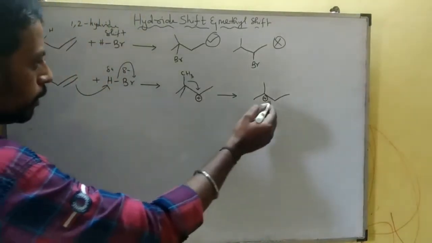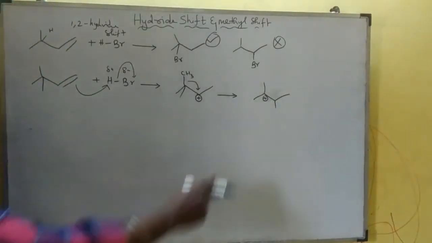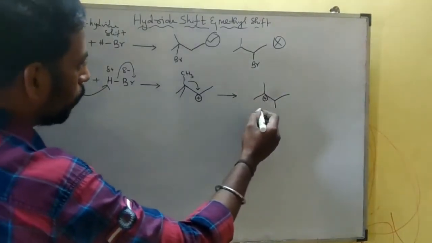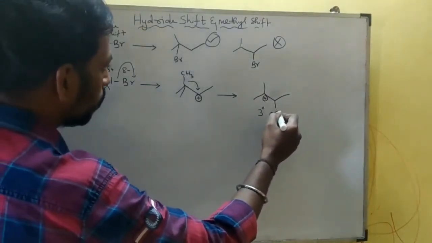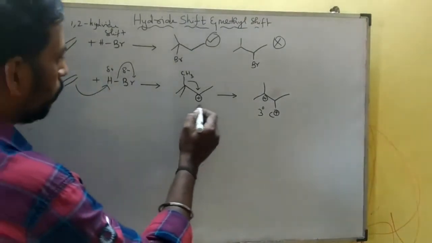The methyl shifts over here. Now, what is the nature of this carbocation? Three carbons are attached. Therefore, this is a tertiary carbocation. Now, along with this, you have Br minus.